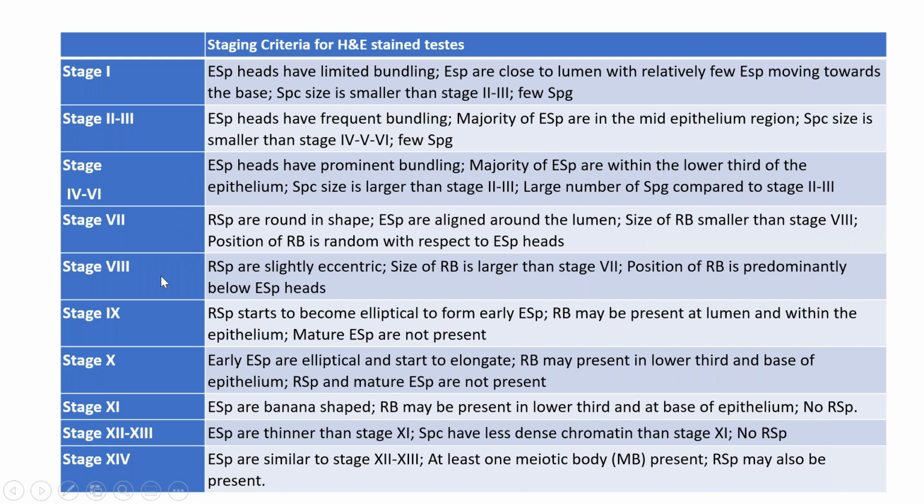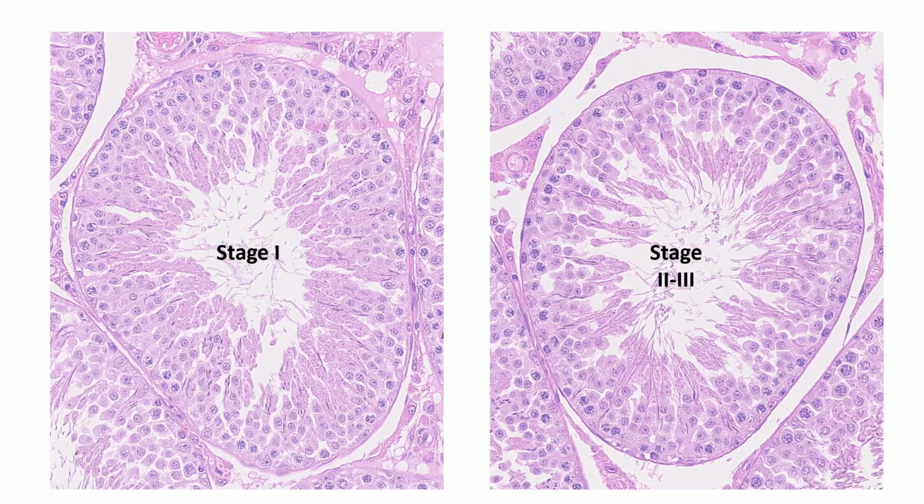Stage 7 and 8 were distinguished by the size, position, and characteristics of the residual bodies. Stages 9 through to 13 were basically just depending on the shape of the elongating spermatid head, and stage 14 was identified by the presence of meiotic figures. So I'll show you these in actual sections.